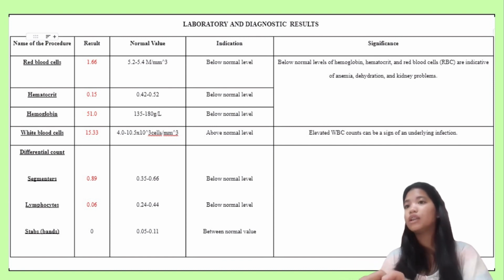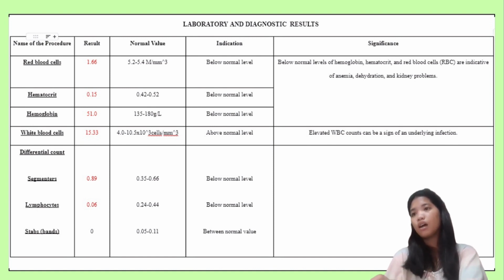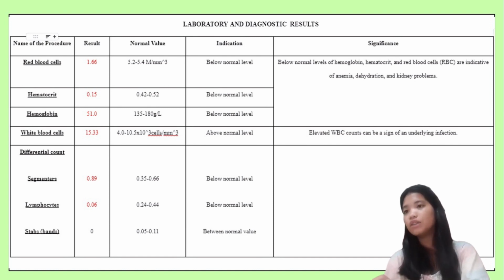So the patient is below normal level. So the above normal level of segmenters and below normal level of lymphocytes may be signs of, or indicative of, inflammation and infections.